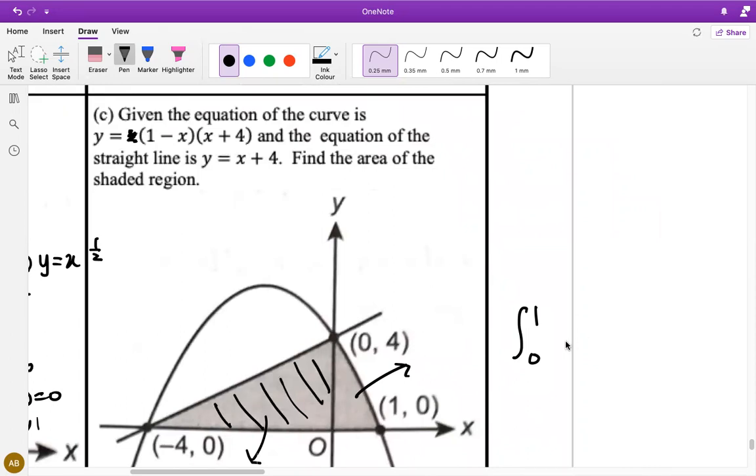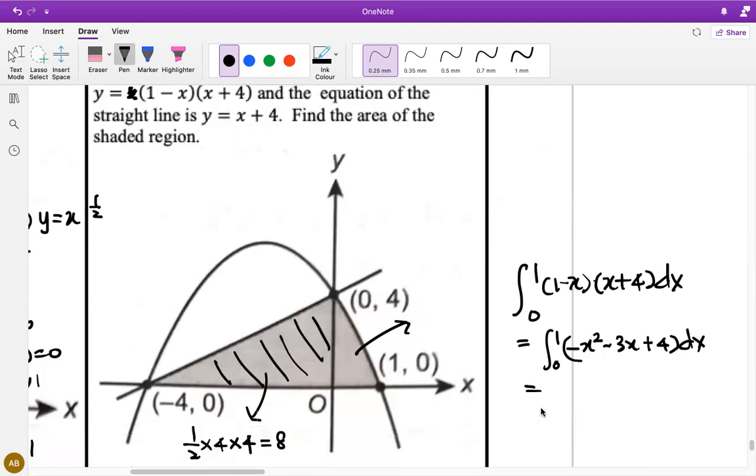So we integrate 1 minus x times x plus 4 dx, from 0 to 1. So you get negative x squared, and then negative 4x plus x is negative 3x, plus 4 dx.